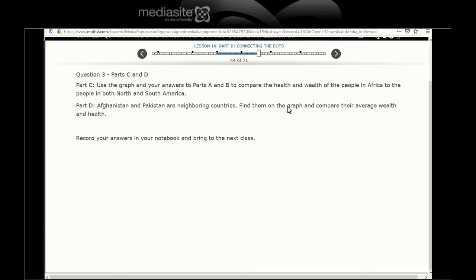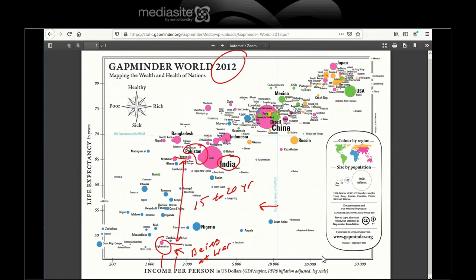So, in your notebook, make some notes about that. Pakistan, Afghanistan, big difference in life expectancy. Not a whole lot of difference in wealth. Just note the size of the circles. So Pakistan is a more populated country than Afghanistan is.